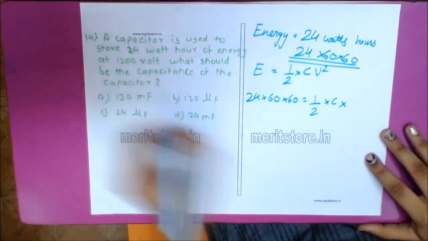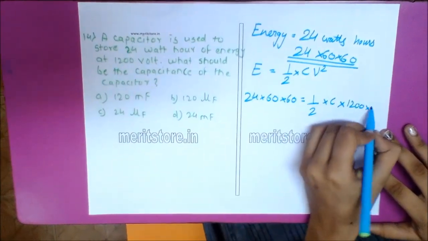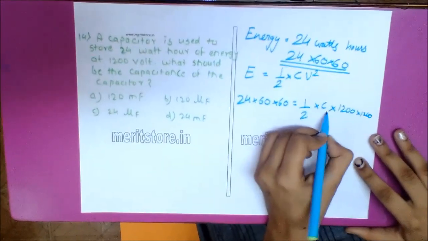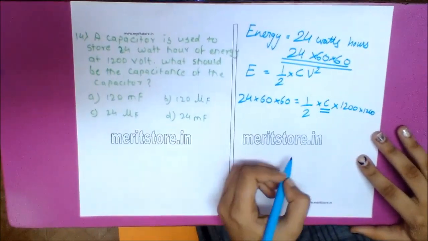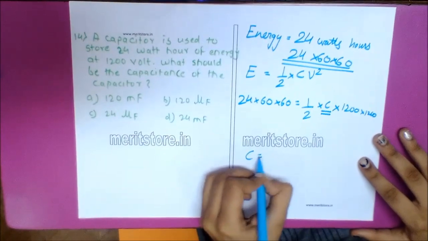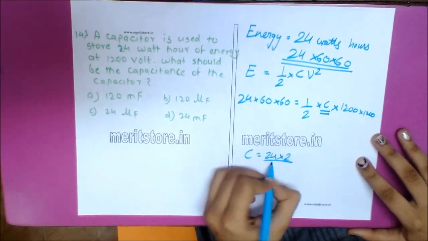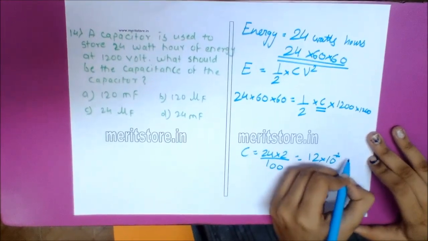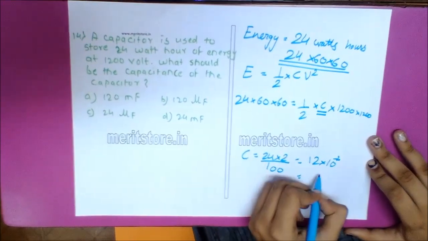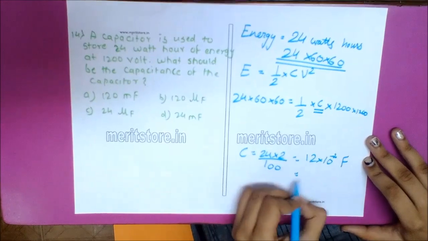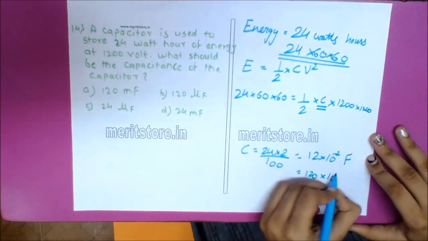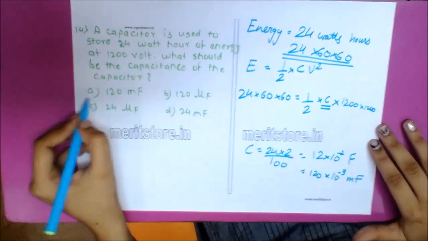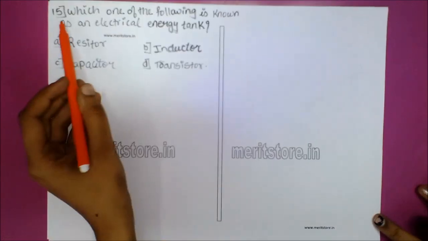V is given as 1200, so 1200 into 1200. When you solve this to find C, you get C equals 24 into 2 upon 100, which is 12 into 10 raised to minus 2 F, that is 120 into 10 raised to minus 3 F, or 120 mF. Option A is the correct option.